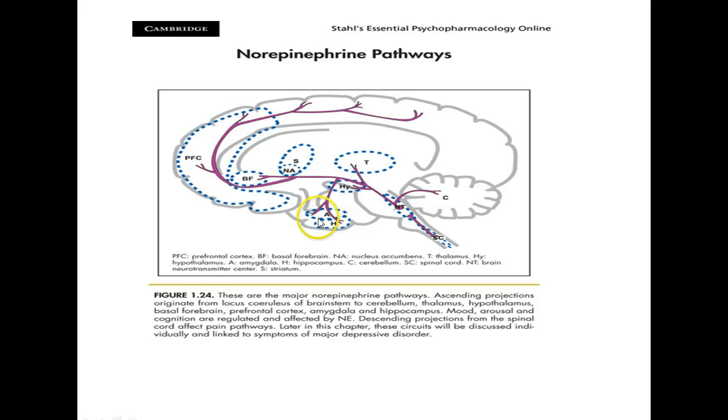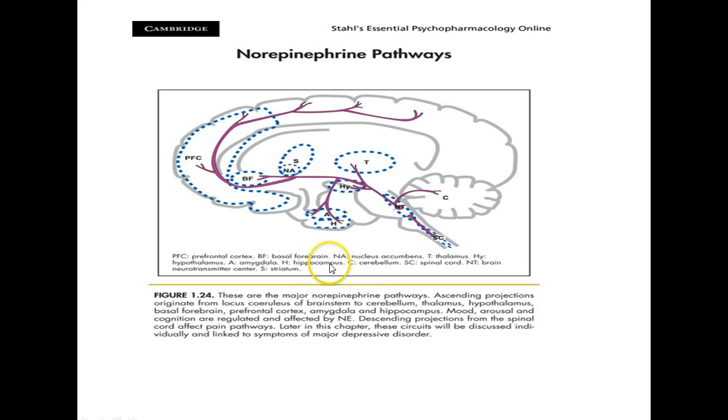The norepinephrine pathways are very similar to, and actually overlap with, the serotonergic pathways. As you can see, it connects the prefrontal cortex. It has basal forebrain connections, connections to the nucleus accumbens, and it connects with the striatum and the cerebellum, and of course the brainstem neurotransmitter centers and the spinal cord.